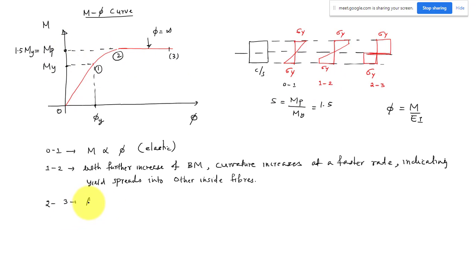Okay, so that indicates the plastic hinge is formed. As the moment attains fully plastic, the curvature tends to infinity.